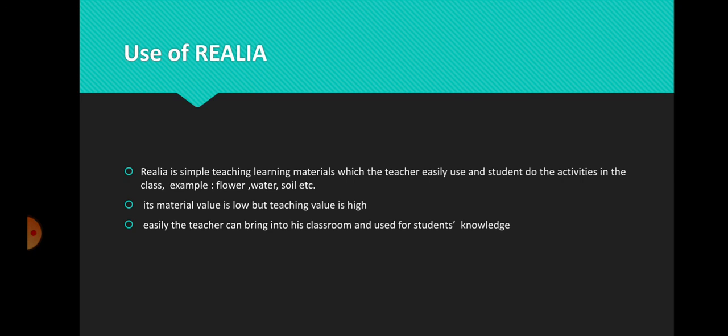So you can understand that these are teaching learning materials which are non-expensive, very low cost, and very simple, which a teacher can bring with him or her into the classroom. So its material value is low, but its teaching value is very high. And easily the teacher can bring it into his classroom and use it for students' knowledge.